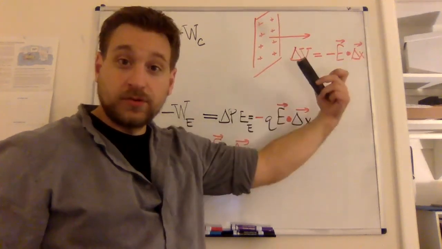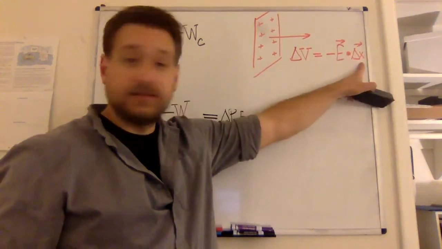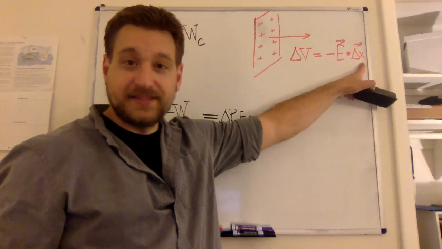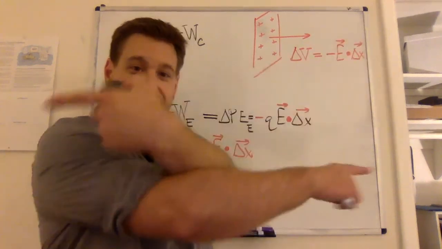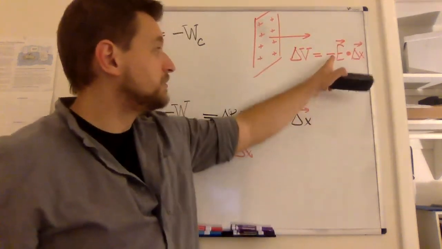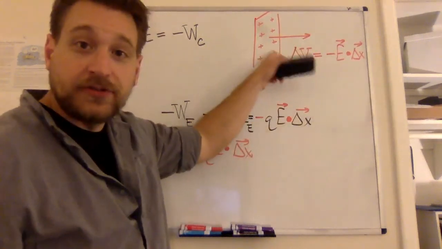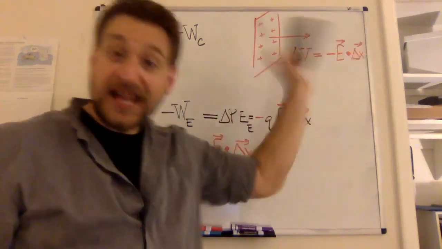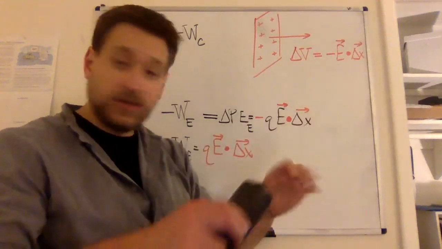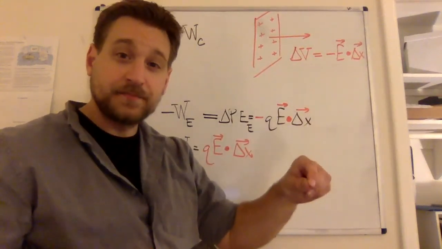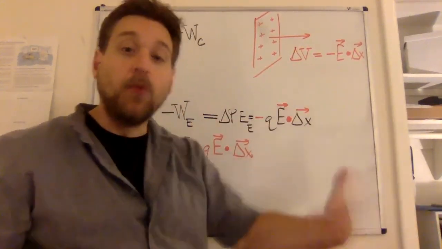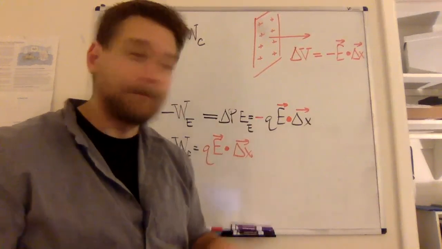Are we walking towards? E dot delta X is negative because opposite directions. But we need the electric potential to increase because we're getting closer and closer to a thing that is trying to push us away. And if we were released from rest, we would get pushed away more the closer we get.